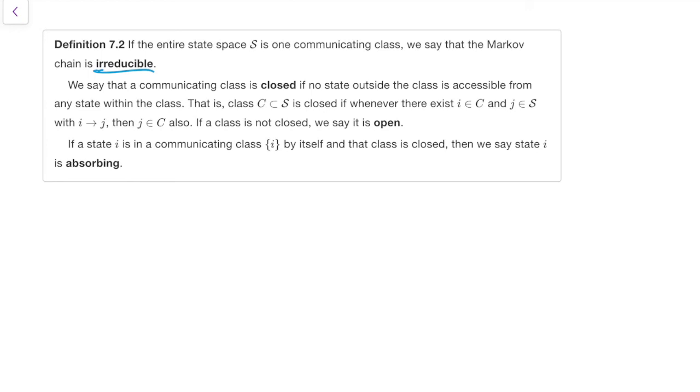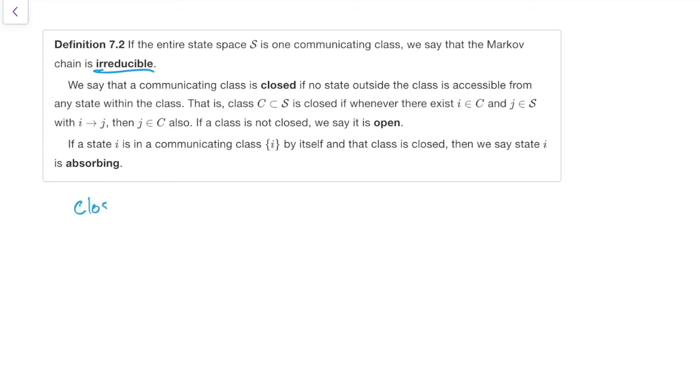So irreducible kind of means we can't break it down into smaller bits because the whole state space is one communicating class. Second one here, a communicating class is closed if no state outside the class is accessible from any state within the class. So in other words, that means that once you get into the class, you stay there.